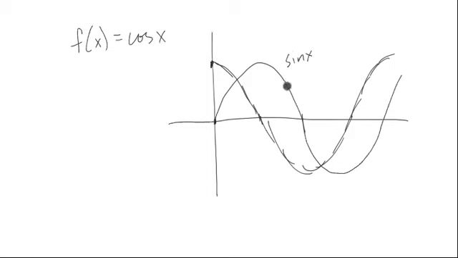We know that the derivative of sine is actually equal to cosine. So if you want the derivative of this function, you just go right down here to that guy. Well, the same idea should hold even when we shift this.